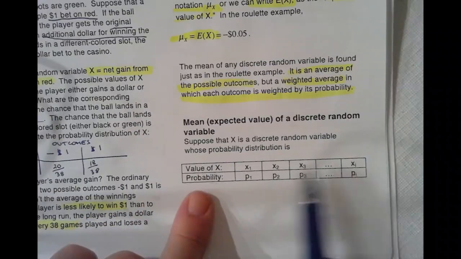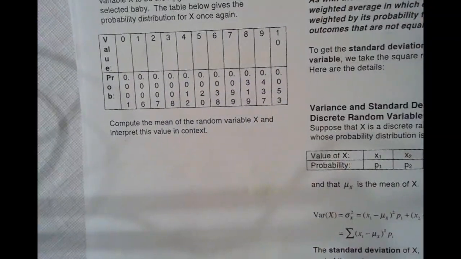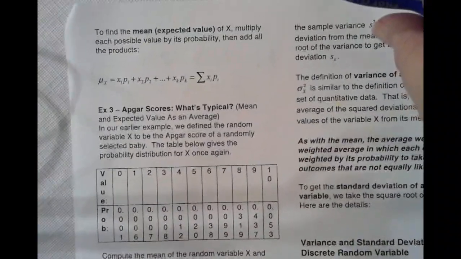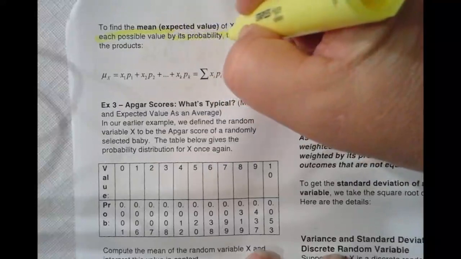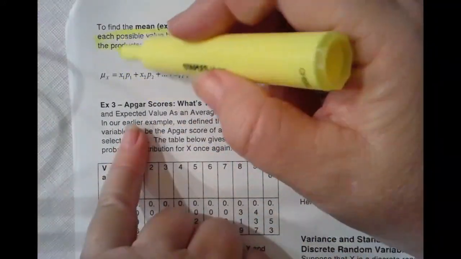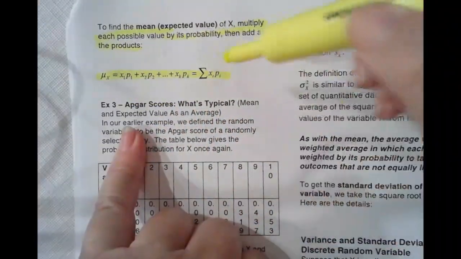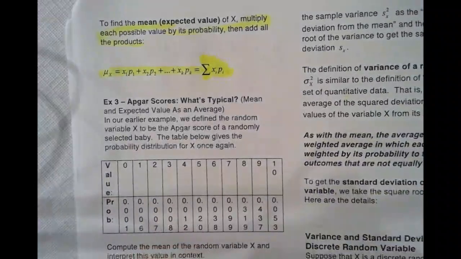Notice my distribution and the notation; you will need to be able to list it that way. To find the mean or expected value, you multiply each possible value by its probability and then add all the products. This formula is given to you on a formula sheet. So you multiply each possible outcome by its probability and then add them together.